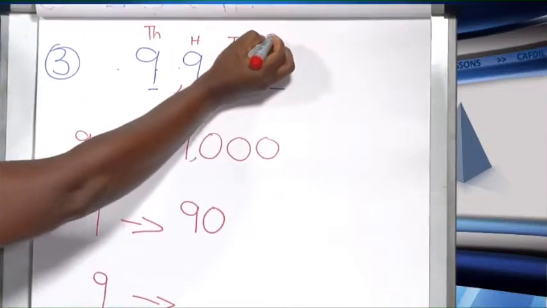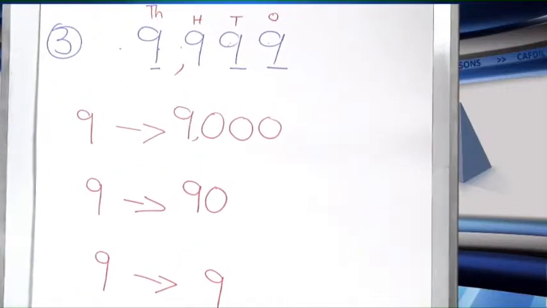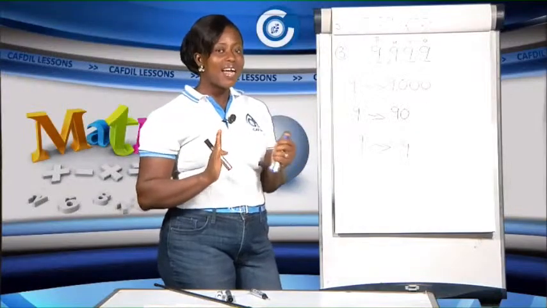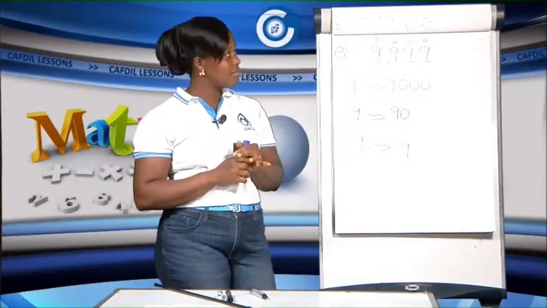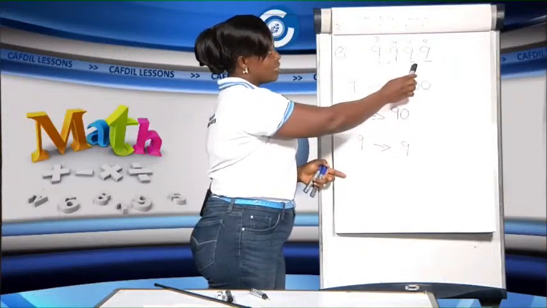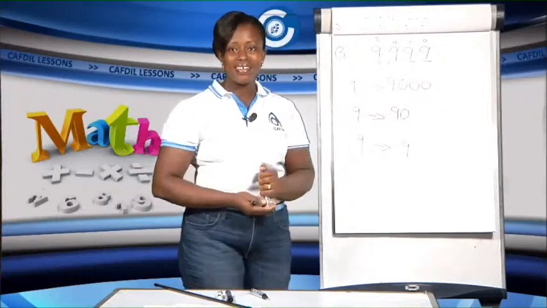Its place is ones and its value is 9. You see? All the 9s are not the same because they are at different places. The first 9 is 9,000. The third one is 90. And the last one is just 9.